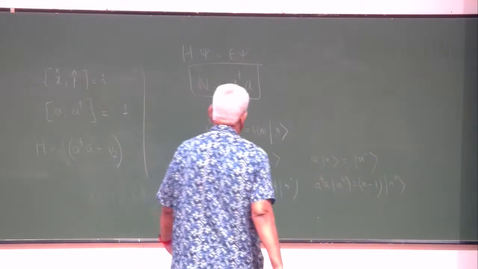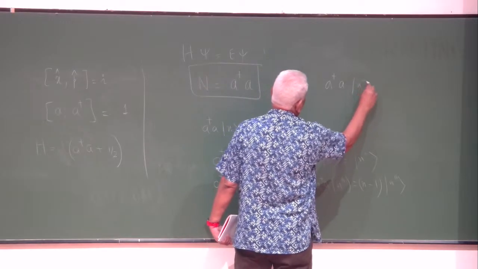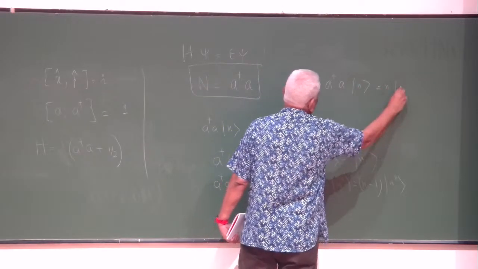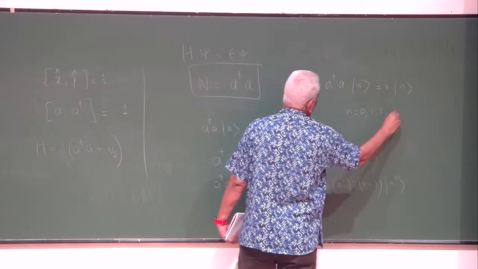So you will have A dagger A acting on n give you n times n, where n is 0, 1, 2, 3 up to infinity.